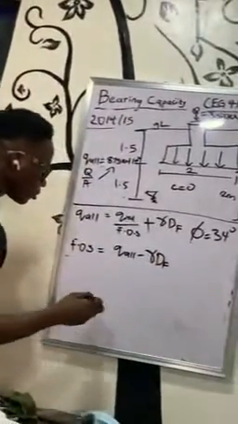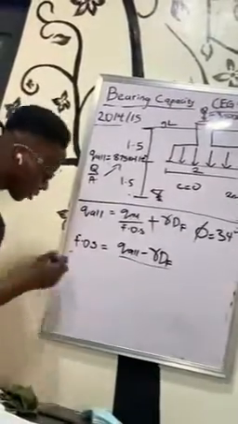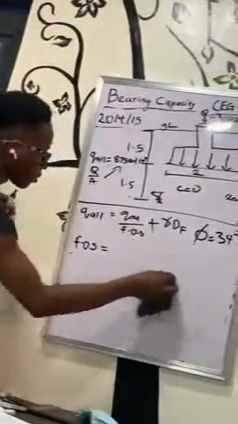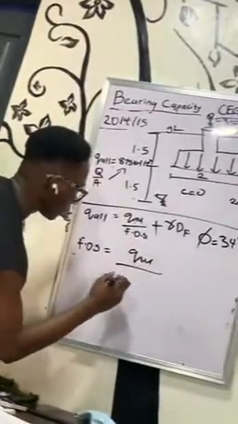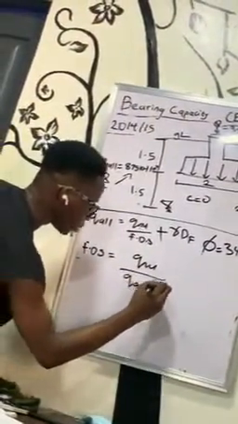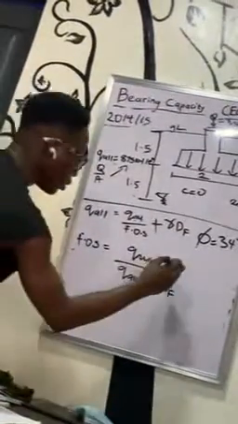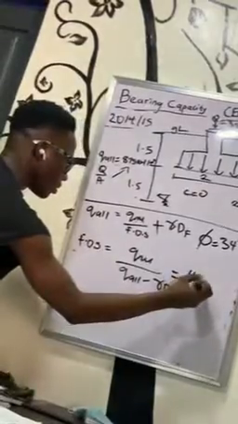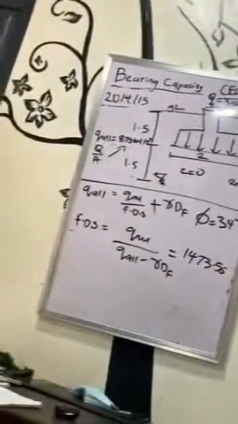No, factor of safety will be the inverse of this. It should be QNU over Q allowable minus gamma DF. So our QNU is 1473.56. Is that what it should be? Yes, that's what it should be.